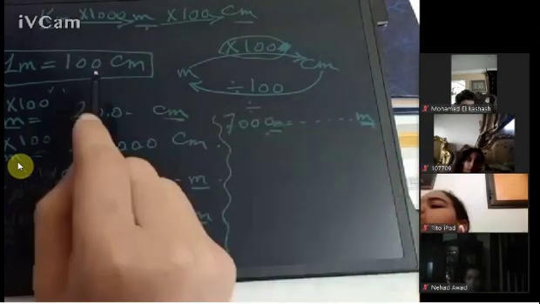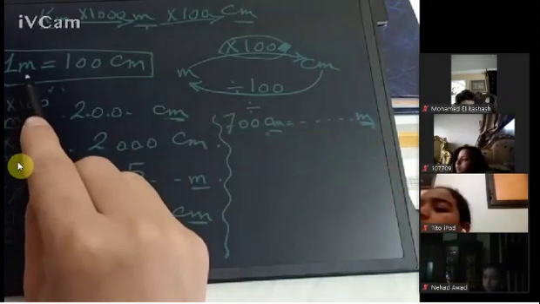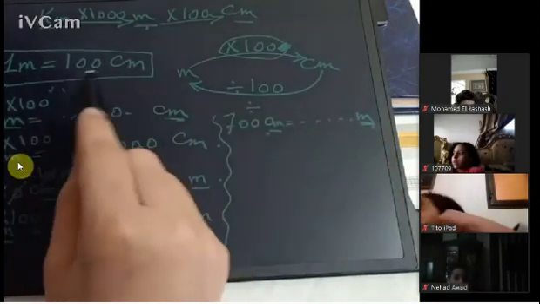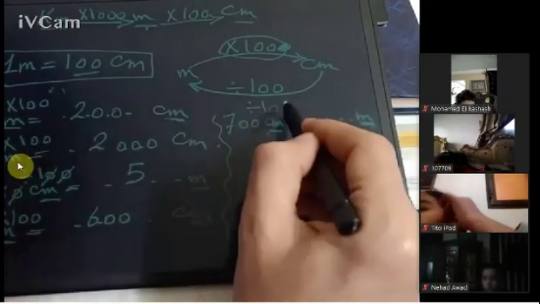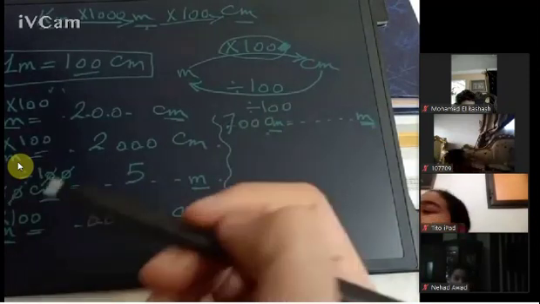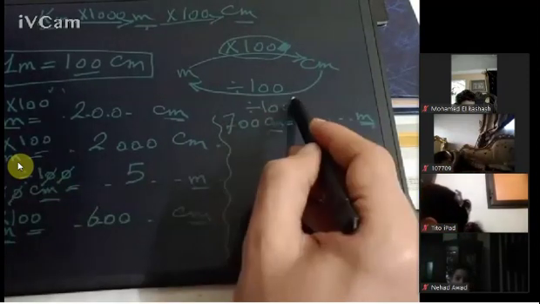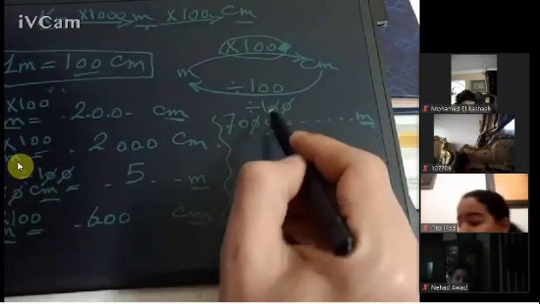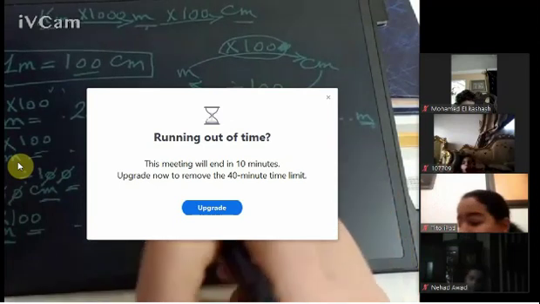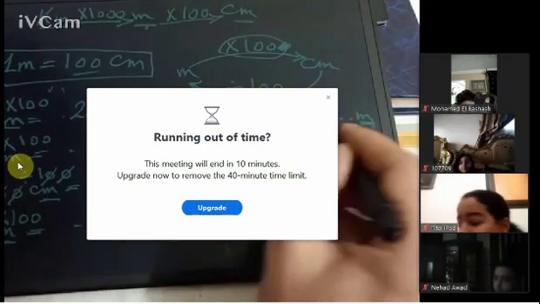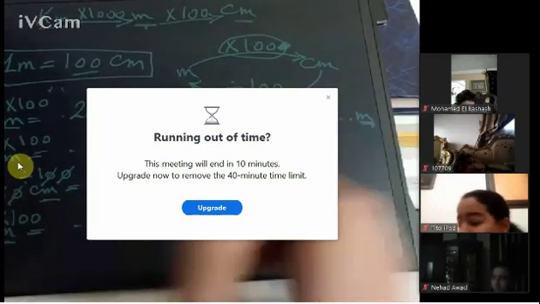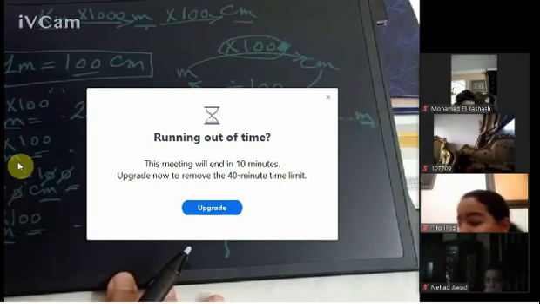And divide how many? We said the relation between meter and centimeter is 100, so divide 100. Start erasing the zeros. A 0 with a 0, another 0 with another 0. So we still have 7 divide 1, so it equals 7.